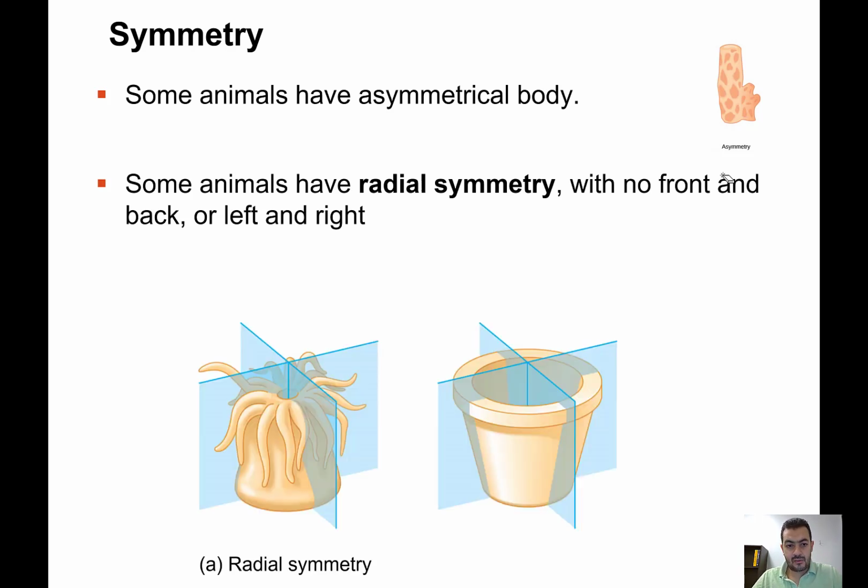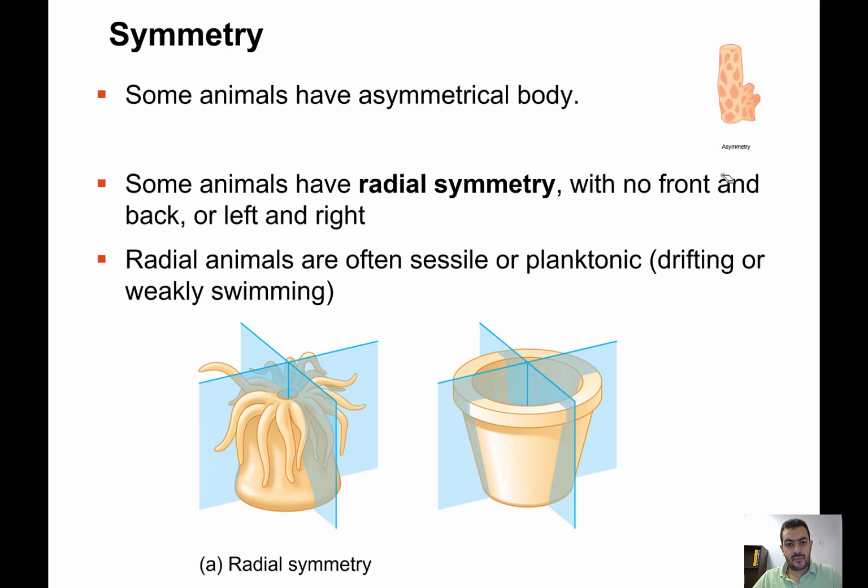Here is one of the examples. There is an indefinite number of planes, and each one of them can divide the animal into two identical halves. So these halves are exactly identical, and there is no front or back, right or left, because of the identity of the two halves resulting from the radial symmetry.